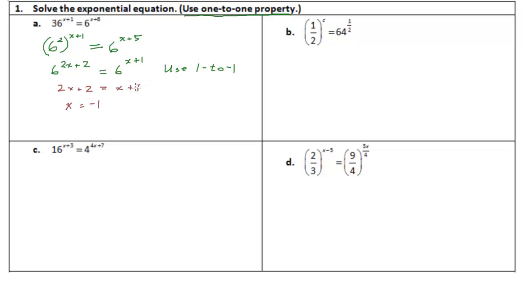Oh, that's an x plus 5. I knew that was the wrong answer. So let me just correct that. My bad right here. This was x plus 5 over here. Copied something down wrong. Let's get the right color. Still not right.